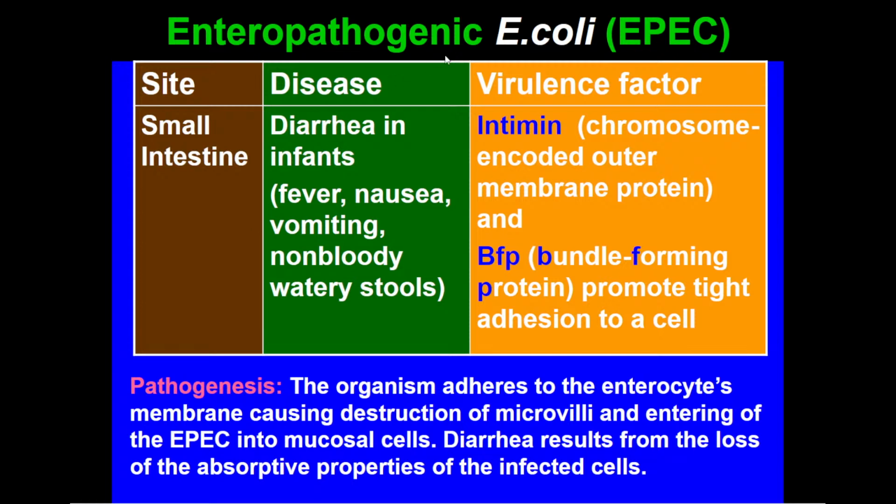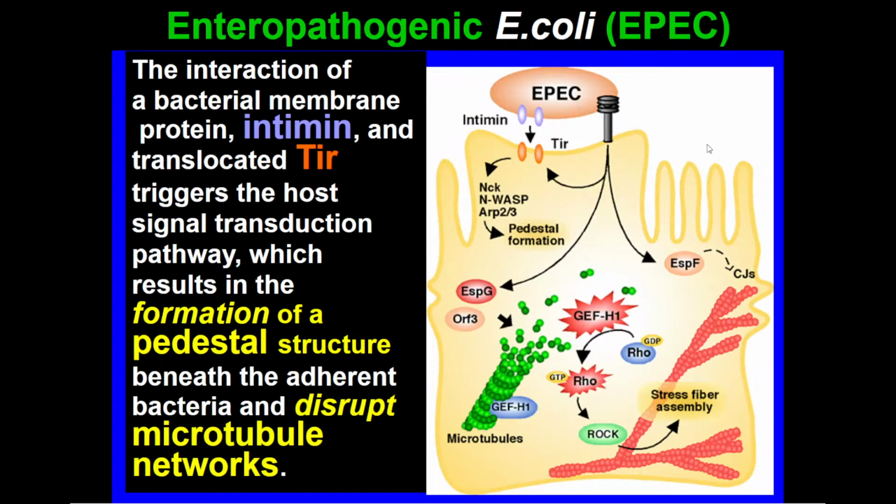That is the long-term infection of the enterocytes that causes destruction of microvilli and entering the parenchymal mucosal cells. And usually we have the diarrhea that results from loss of absorptive properties of the infected cells. And usually the main virulence factors are adhesins, intermediate adhesins, and bundle-forming proteins, also adhesins. And you can see the simplified picture of the pathogenesis of enteropathogenic Escherichia.